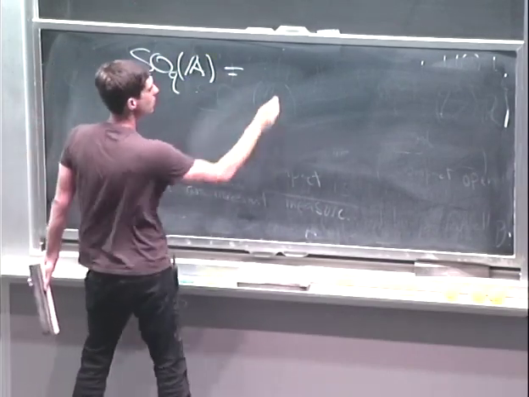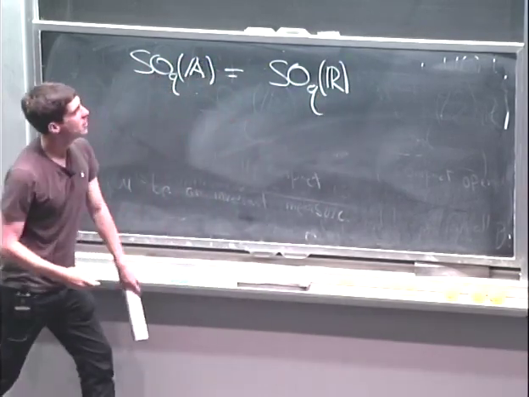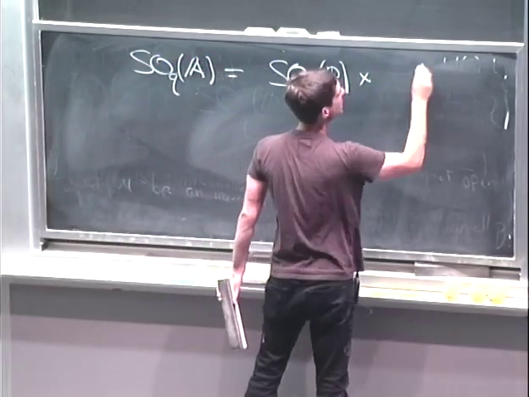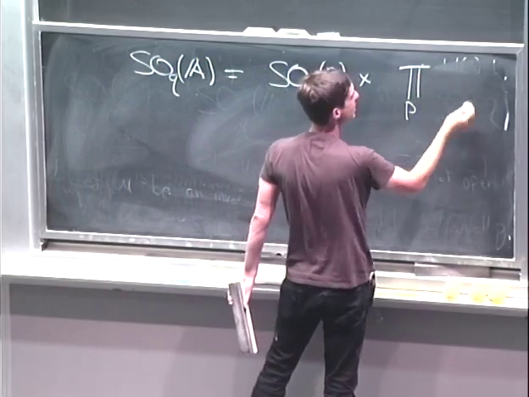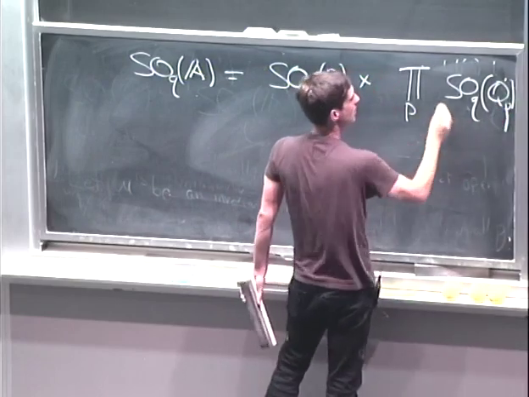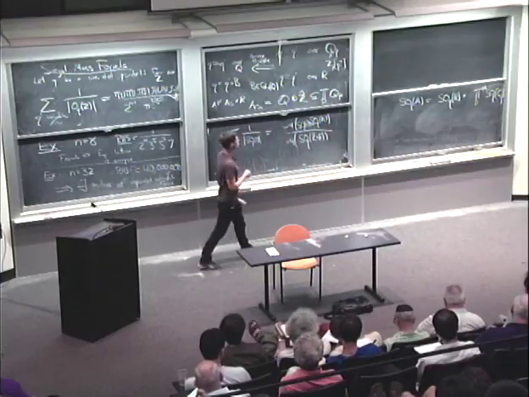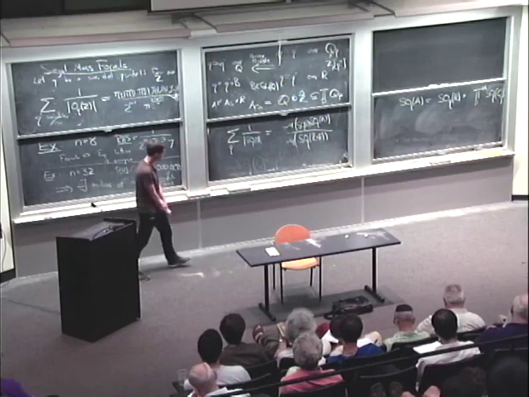What does it look like? Well, it looks like SO_Q of R cross, essentially, a product over all p of SO_Q of the p-adic rationals. But strictly speaking, it's a restricted product where you can have denominators only finitely many times.